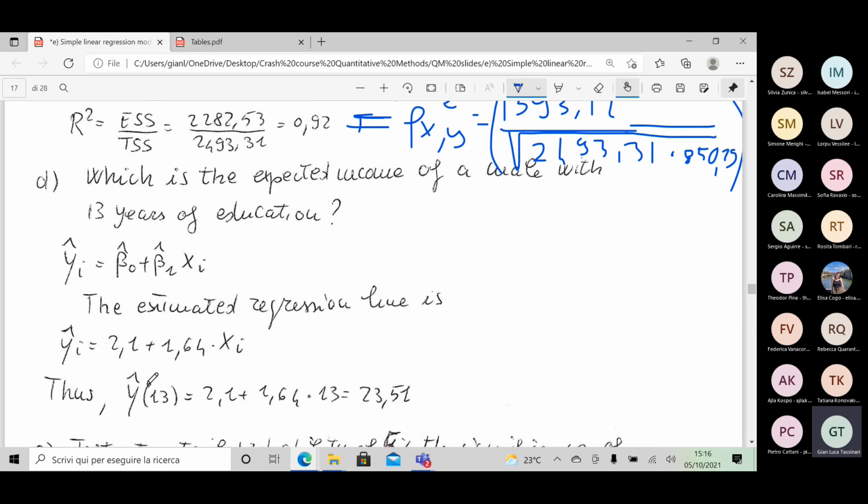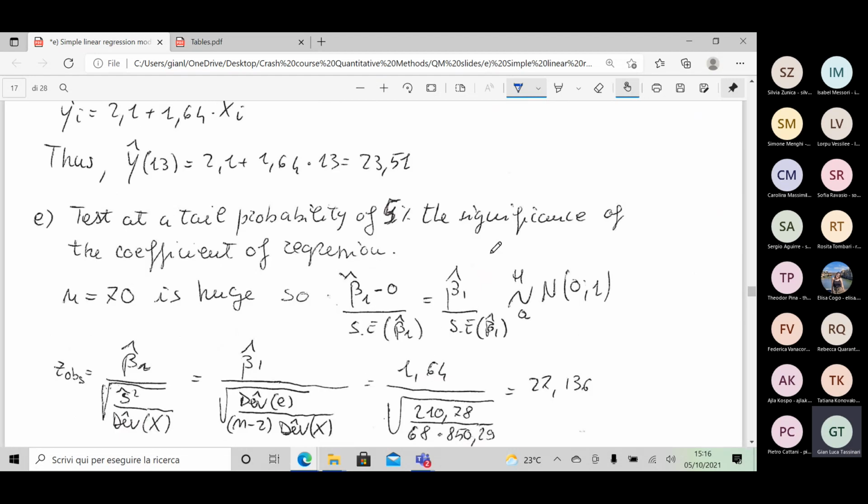So the expected level of annual income for an individual with 13 years of education is about 23,510 euros or dollars. Okay, but this is only an estimate, guys, a forecast that we perform by using our estimated model.